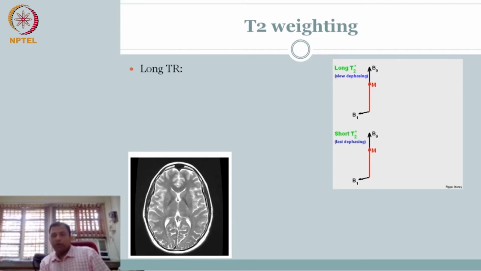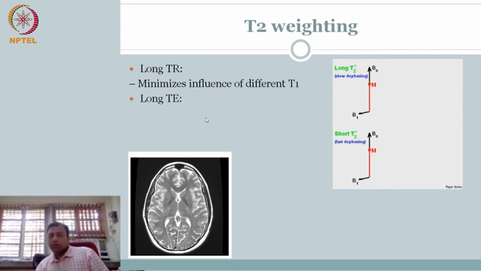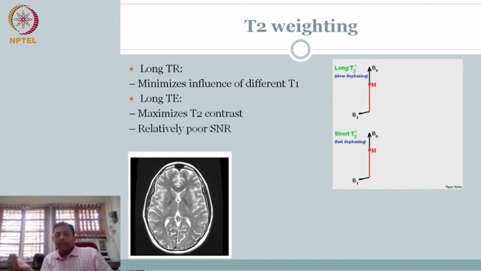If I use a long TR, I will minimize the influence of my T1. That is what we saw even in the proton density. So minimize the influence of different T1 by waiting for a long time. But instead of a short TE, here I want a long TE, so that I can measure T2. It maximizes the T2 contrast, which is what we want, T2 weighting.